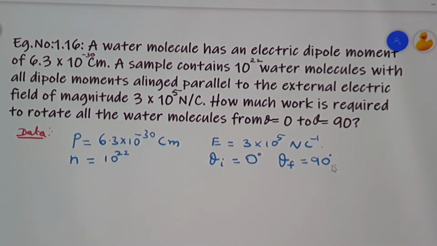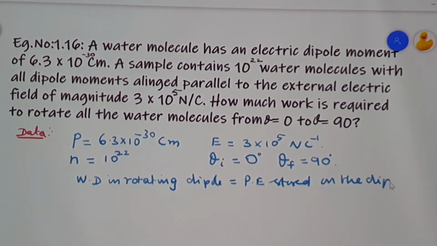So we have to calculate what is the work done in rotating the dipole from 0 to 90. So let us consider like this: work done in rotating the dipole through an angle theta is equal to potential energy stored on the dipole.